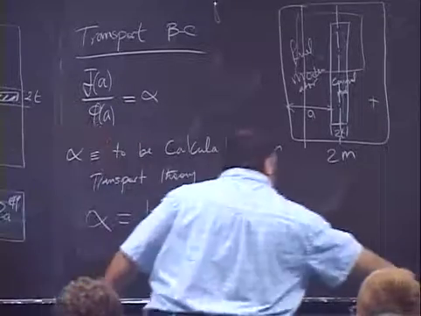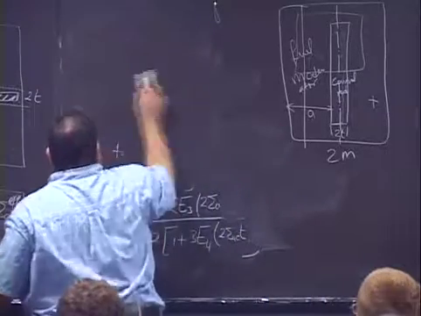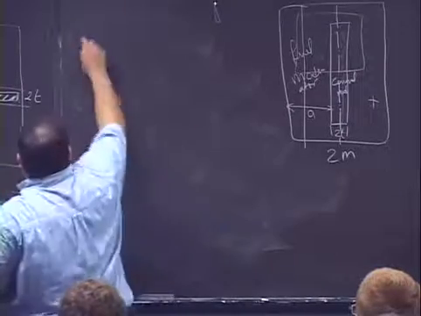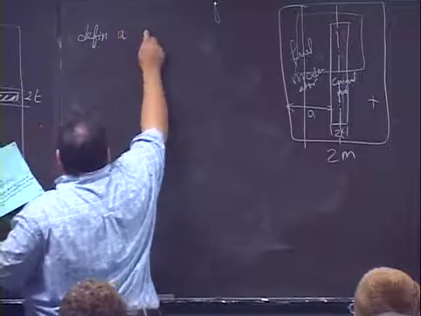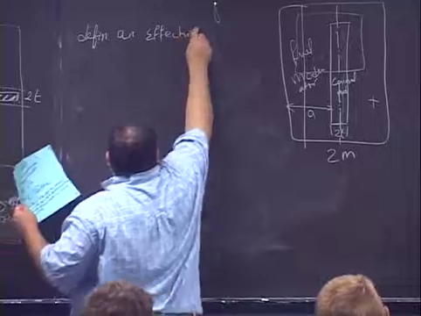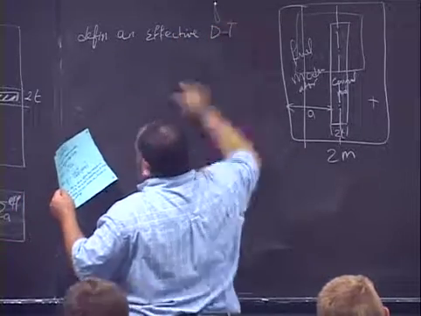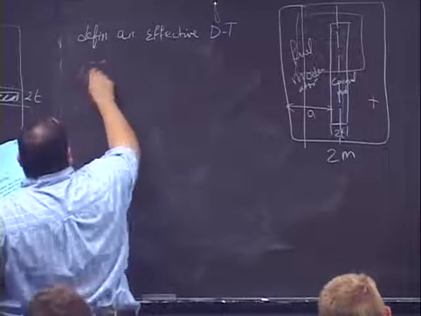Let me write it here. So we will define an effective diffusion theory cross section. I will write cross section as XS.